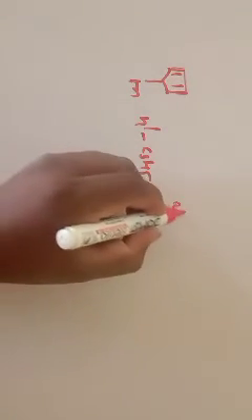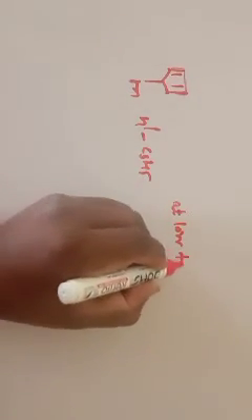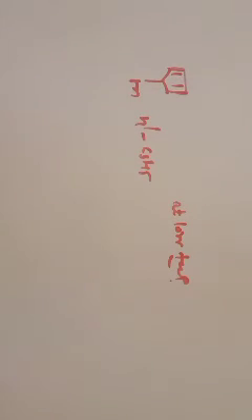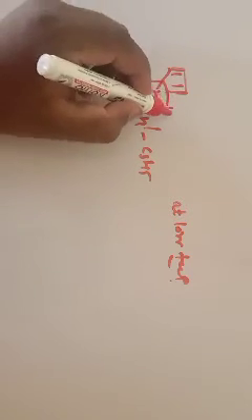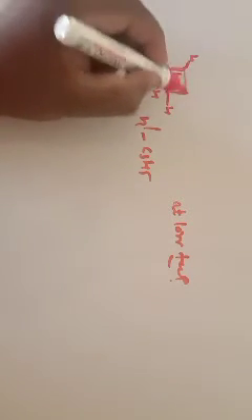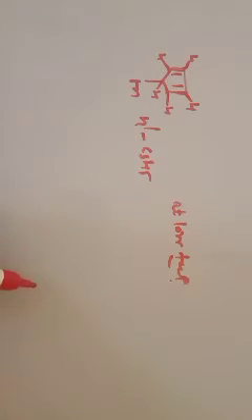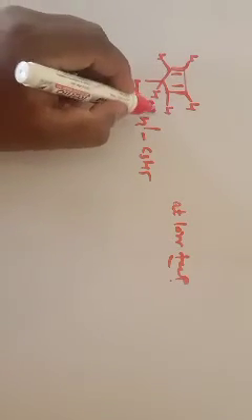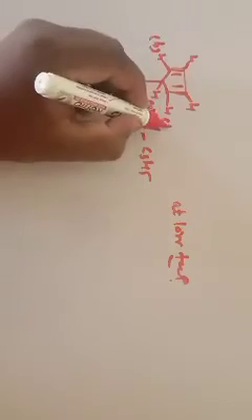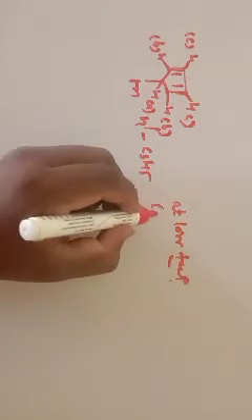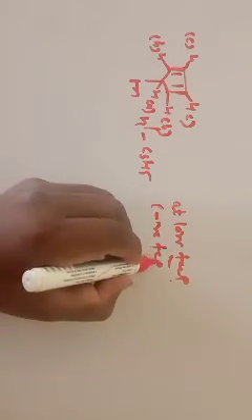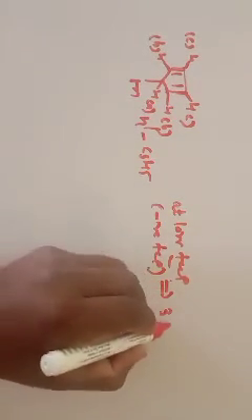So at low temperature, if you consider this is hydrogen, this is hydrogen, and this is hydrogen, this is your A type of proton, this is your B type of proton, and this is your C type of proton. At low temperature, that is negative temperature, it will show three signals.